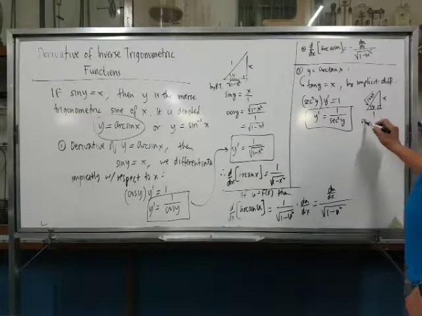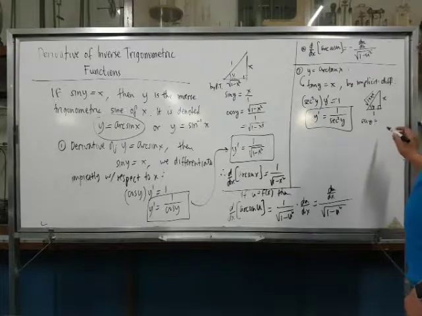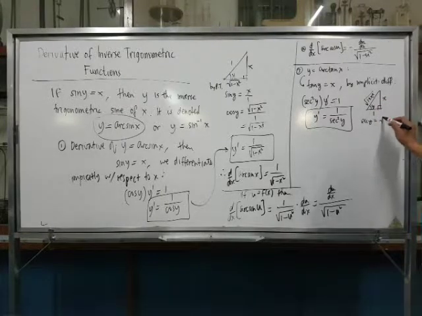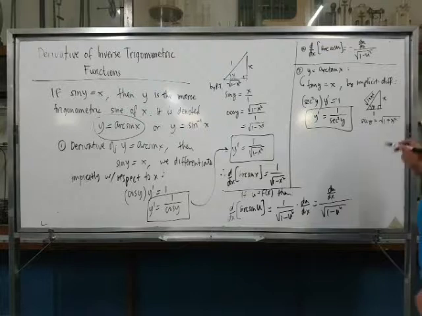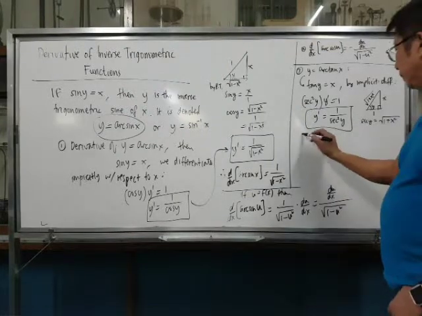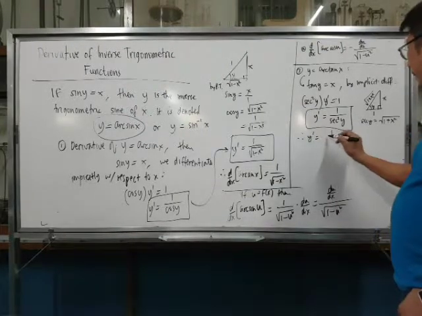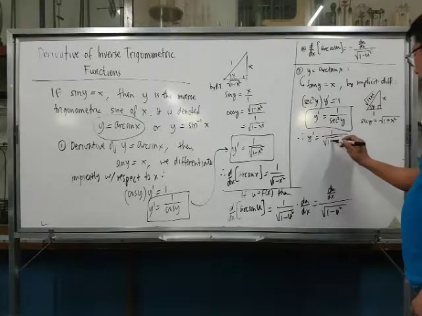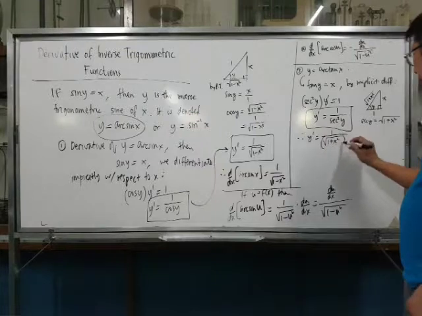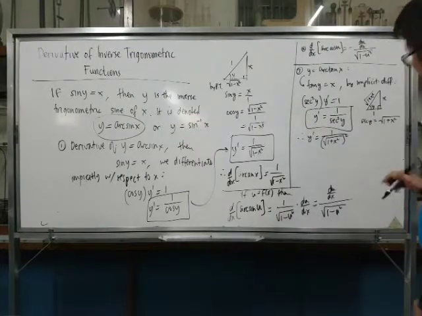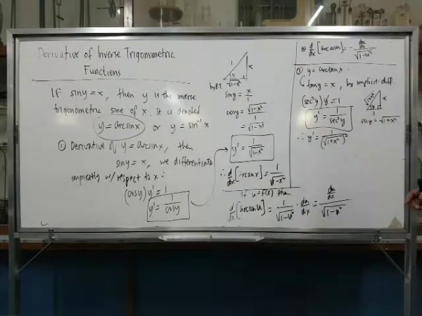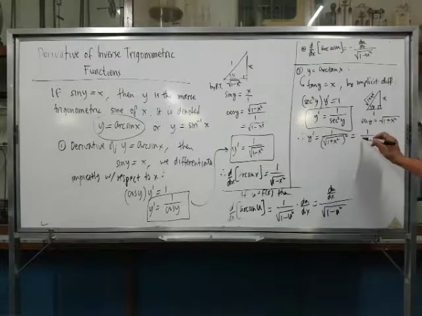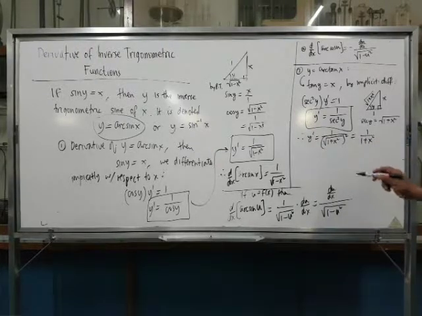You will notice that secant y equals hypotenuse over adjacent, so the square root of 1 plus x squared. But since secant y is squared, we also square the square root of 1 plus x squared, and this becomes 1 over 1 plus x squared.